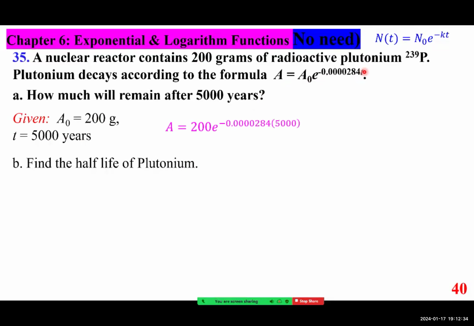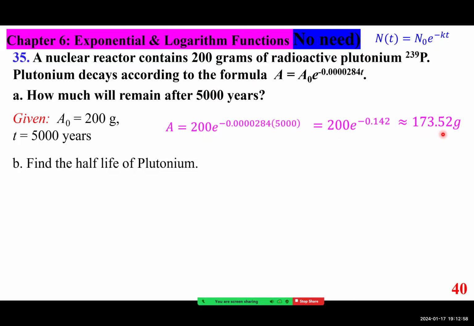So the first part is elementary. You multiply these two numbers, you raise e to that power, you multiply it by 200. And after 5,000 years, 200 grams goes to 173.52 grams.